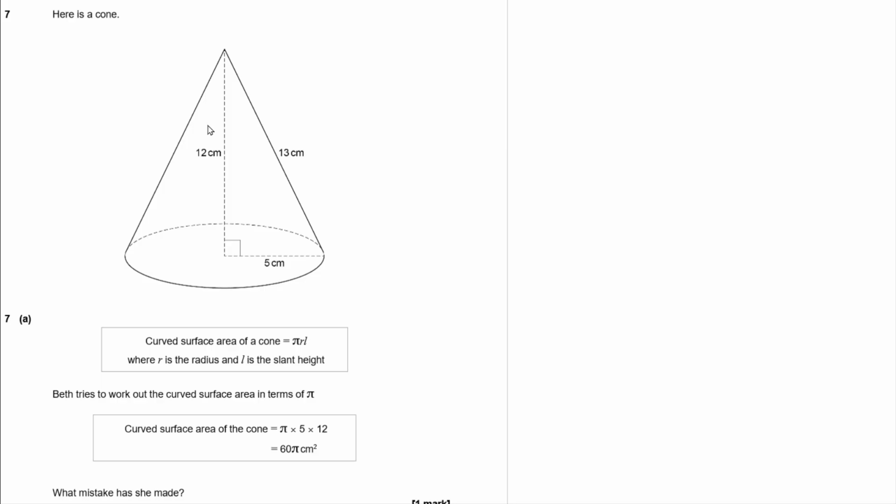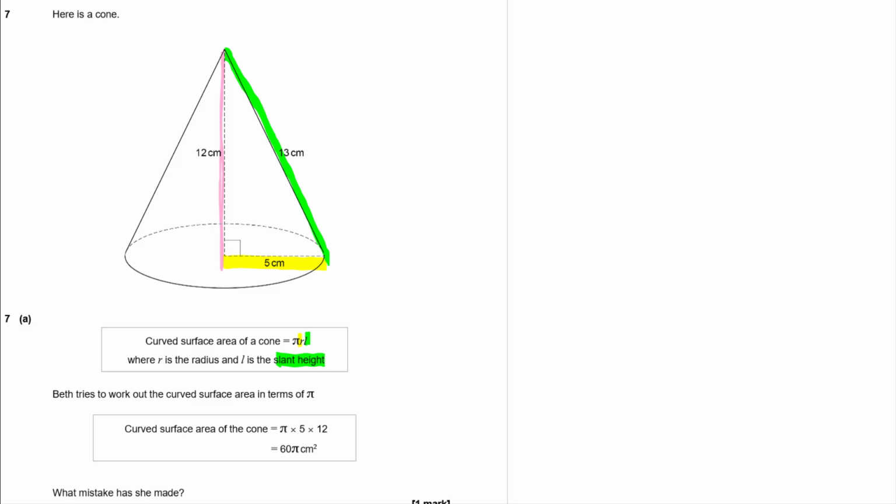Well, the curved surface area of the cone is pi r L, where r is the radius, in this case it's that distance there, and L is the slant height, it says here. Now the slant height is this one. Okay, that's the slant height. This one, the 12, that's what we call the perpendicular height. The green one is the slant height.